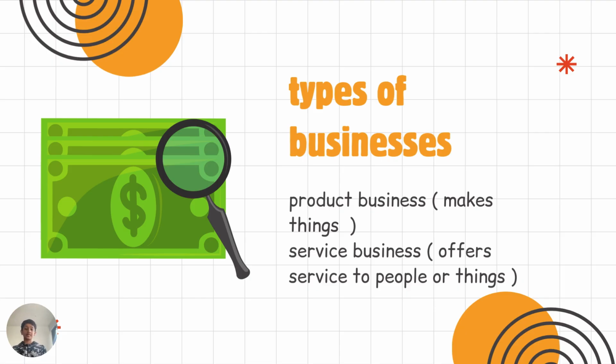That's a product business. A service business can be insurance, like a famous one in the Netherlands is ANWB. This gives insurance, and that's a service business. The best business for you depends on your skills and interest.